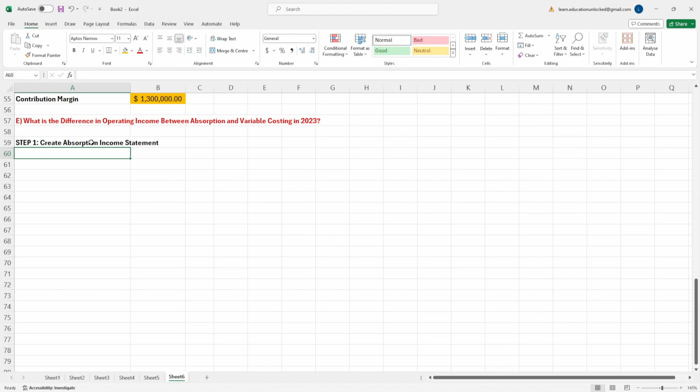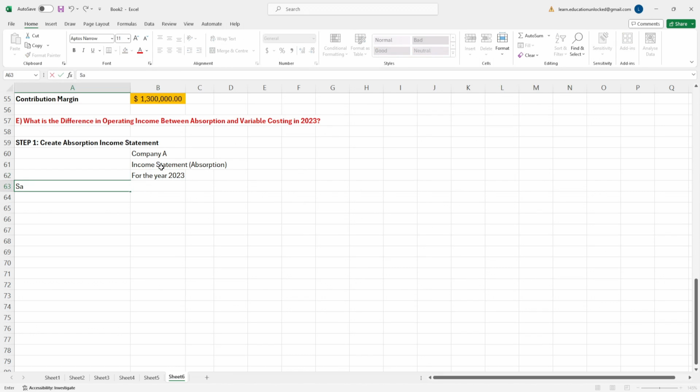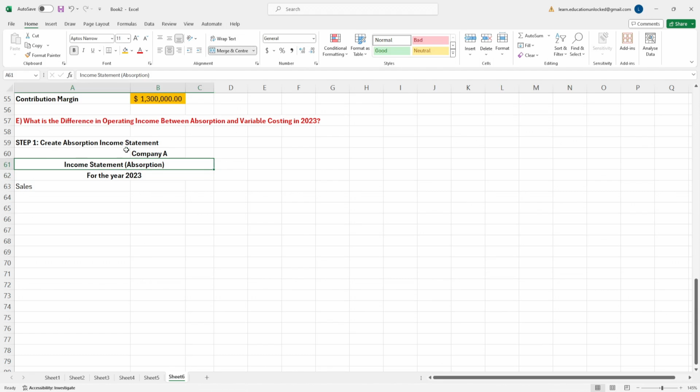To do this, I'll just write right here. Usually you want to write on the top your company, so I'll just write company A. Income statement, absorption, for the year 2023, which is what they're asking for. On the left side are the components of our income statement.